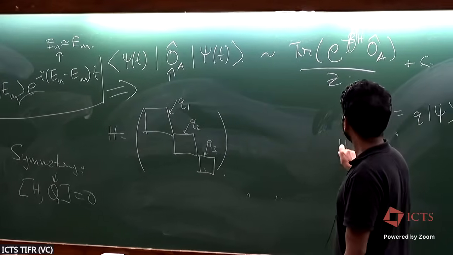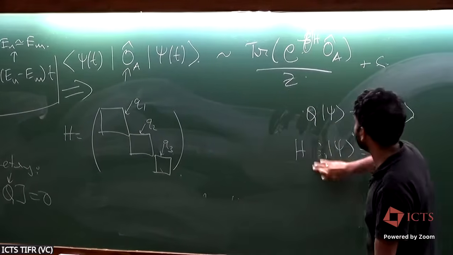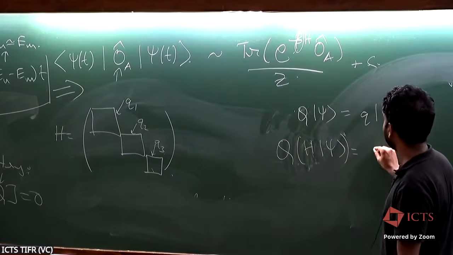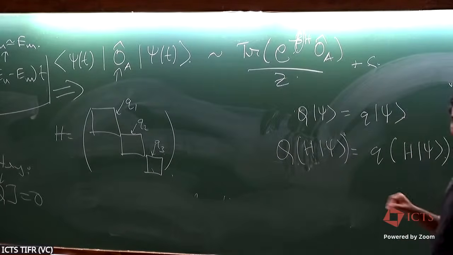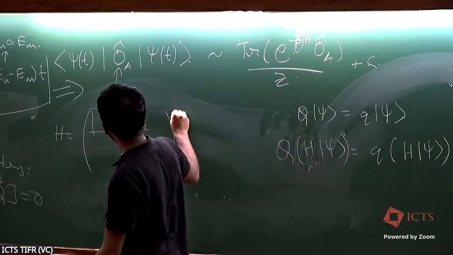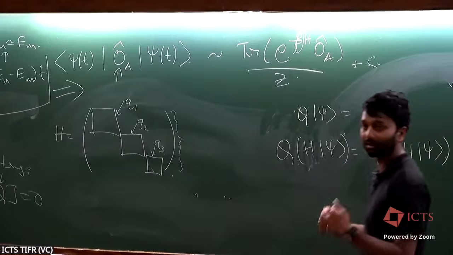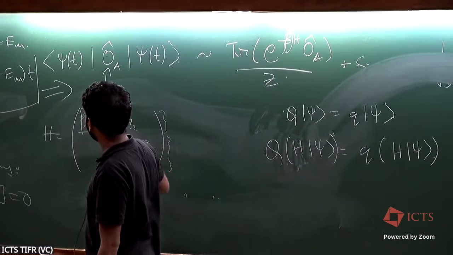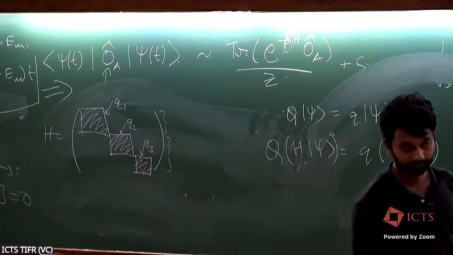Then the action of the Hamiltonian does not change this symmetry. So H of psi is Q times H of psi, because Q and H commute, right? So you can always label your states by these symmetry quantum numbers, Q1, Q2, Q3, and your Hamiltonian acts block diagonally. It doesn't mix different quantum number sectors, okay?